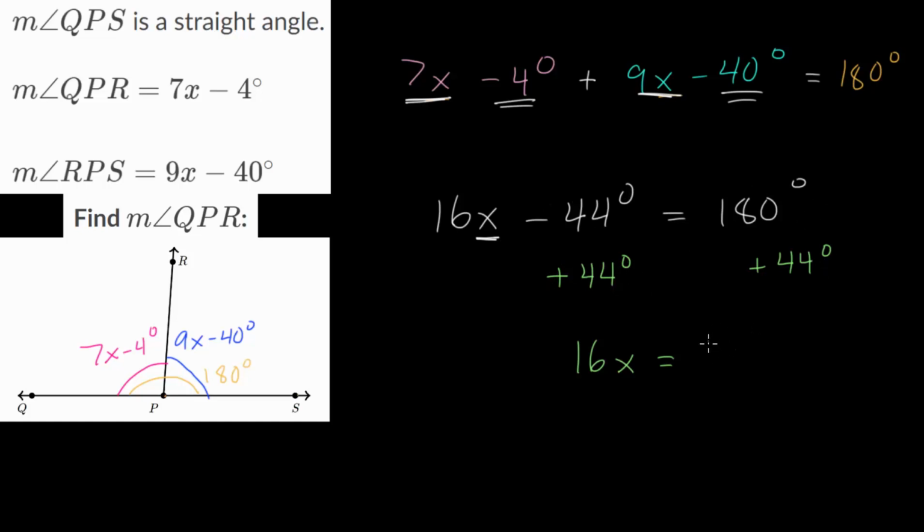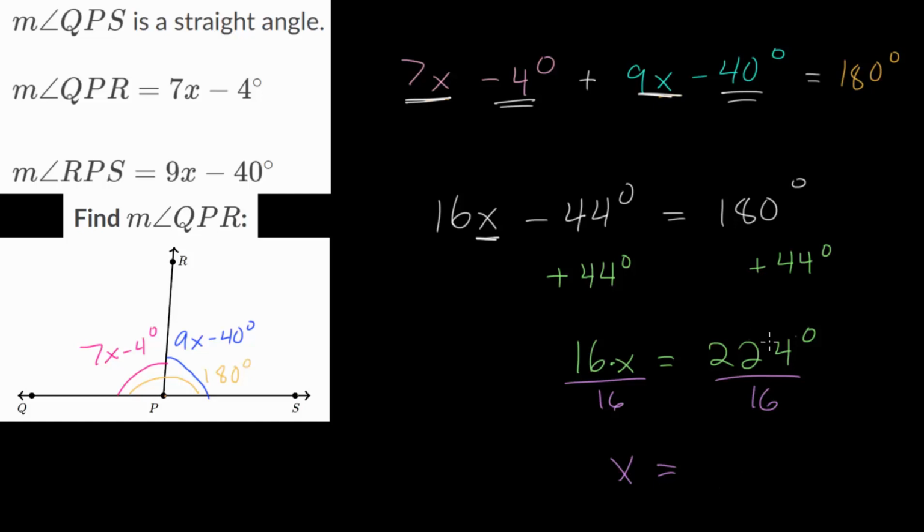And 180 plus 44 would be 224 degrees. And lastly, we need to cancel out this multiplication by 16. And to cancel out multiplication, we can use division. We can divide each side by 16. And 16 divided by 16, that's just 1. So we get 1 times x, which is just x.